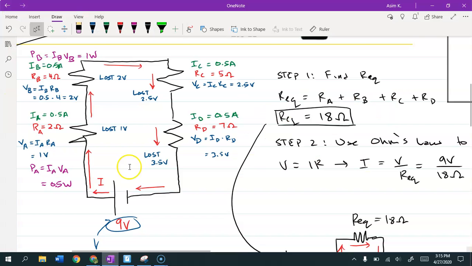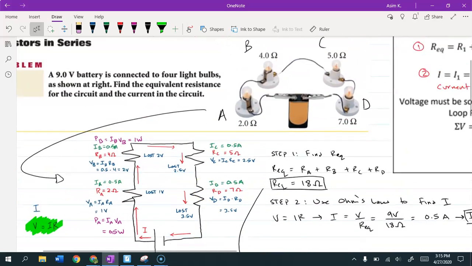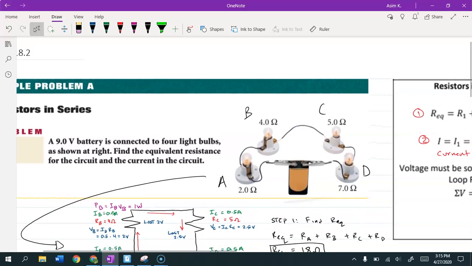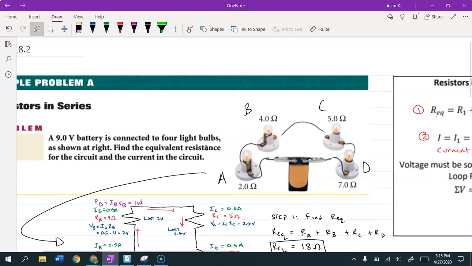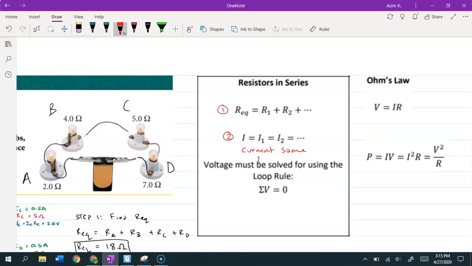So this set that I've given to you is very important, all right, and try to understand how I went through it. Basically, it all began with these rules that I've established on the right-hand side over here. Now, that last rule says that voltage must be solved for using the loop rule.